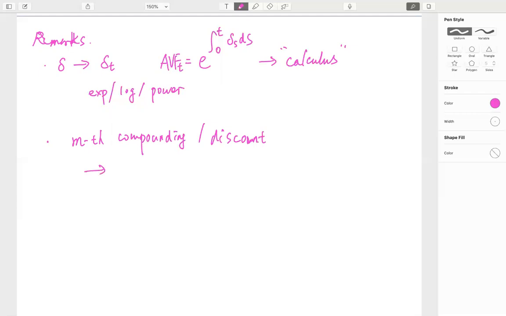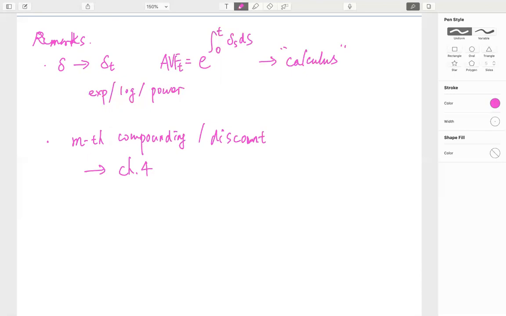This is the topic of chapter 4. But I think some of you probably can't understand at this moment. If you can't, it's fine for now. You can skip this part, and we will revisit m-thly compounding when we study chapter 4.